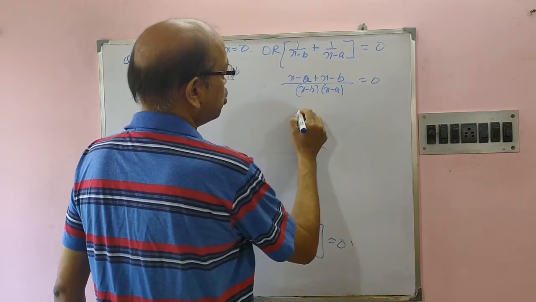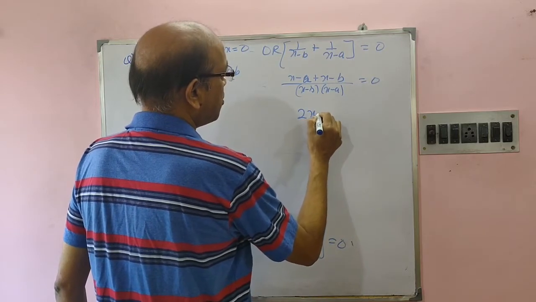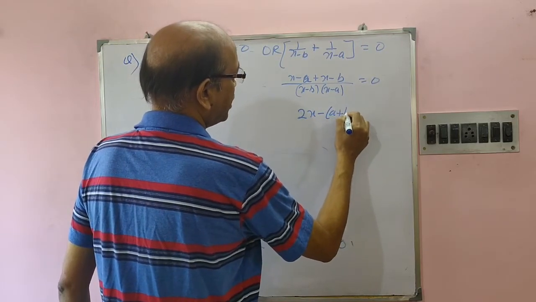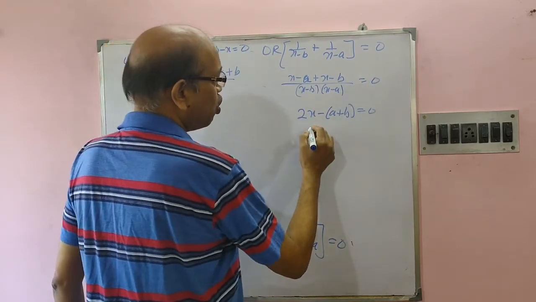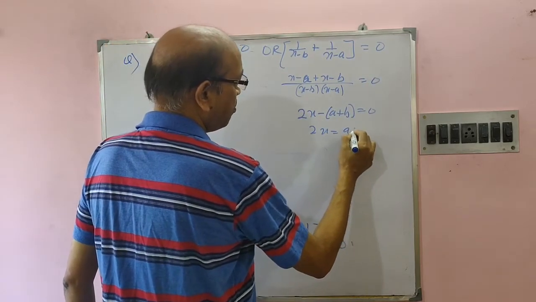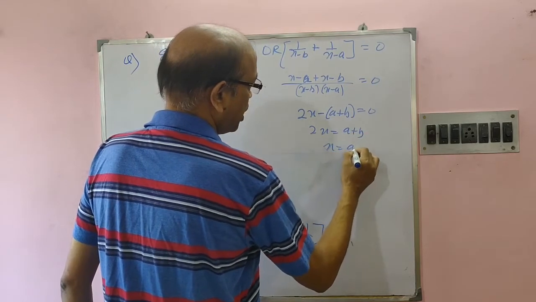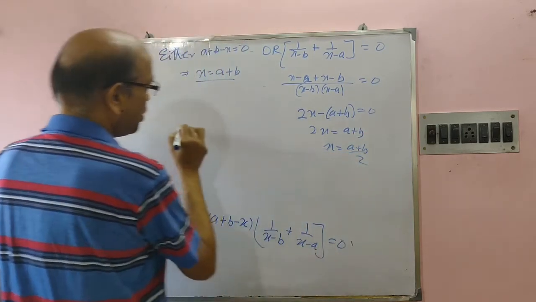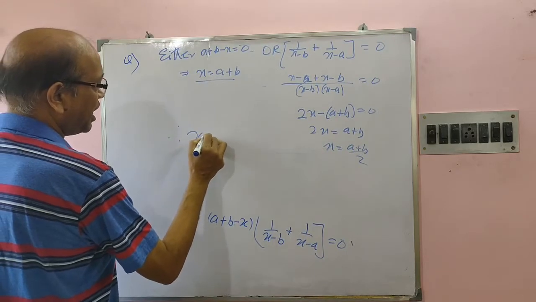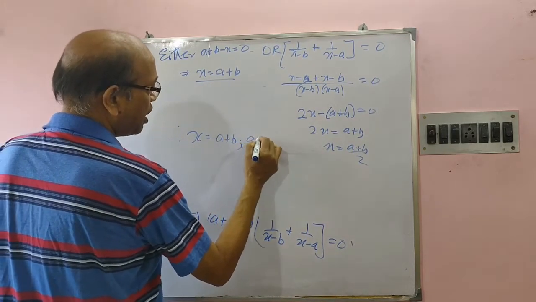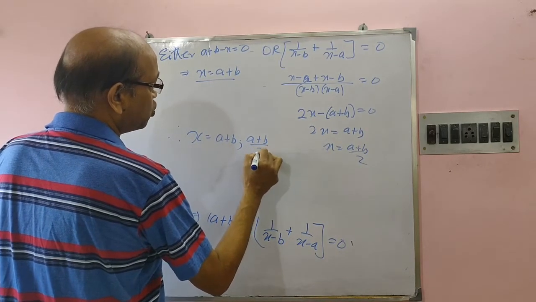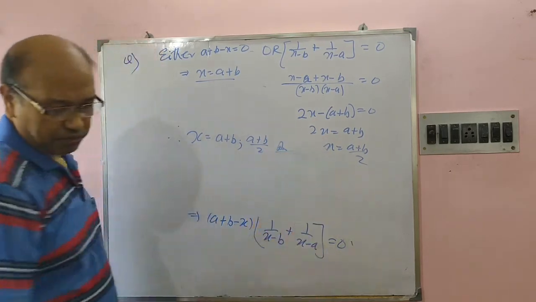Now this is going to become 2x minus a plus b equals 0, because this multiplied by 0 is 0, or 2x equals a plus b, x equals a plus b by 2. Therefore your answer is either x equals a plus b or a plus b by 2. This is your answer.